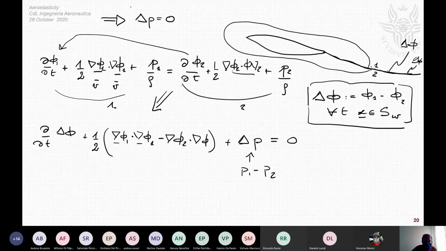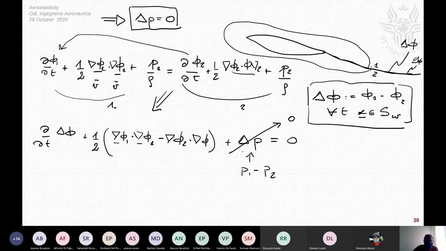But we have this condition to be applied, and so this is equal to 0.